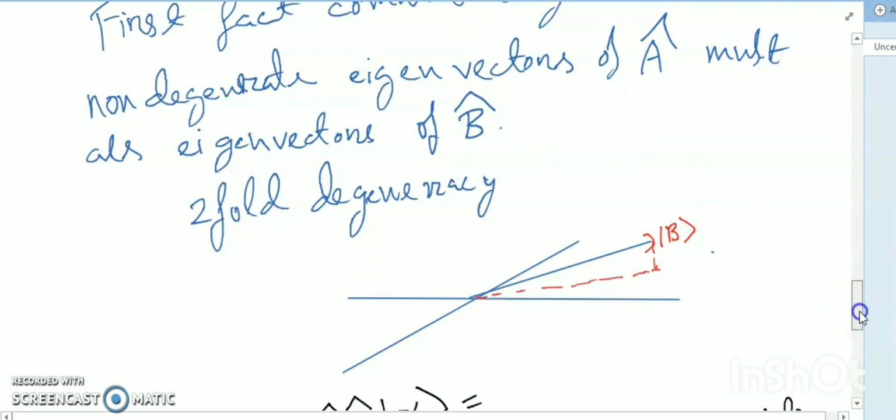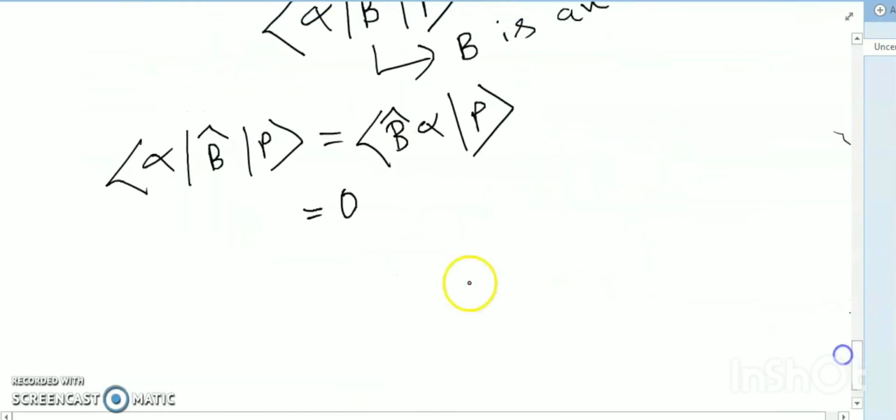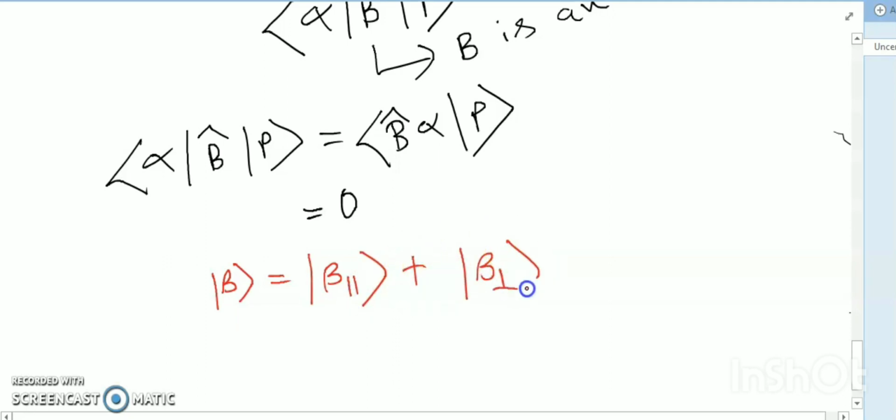So we can write beta as beta parallel plus beta perpendicular. Since beta is an eigenvector of B, acting B on it will simply scale it by the eigenvalue mu.